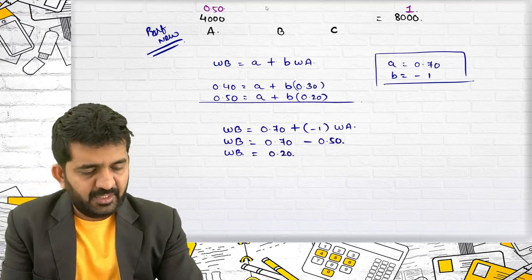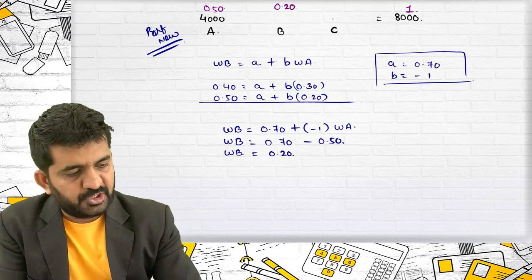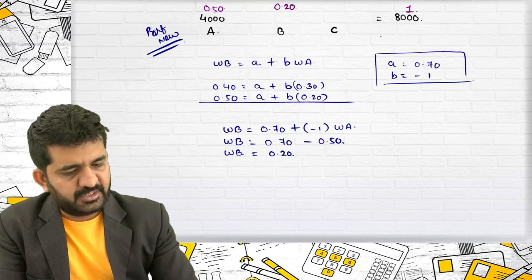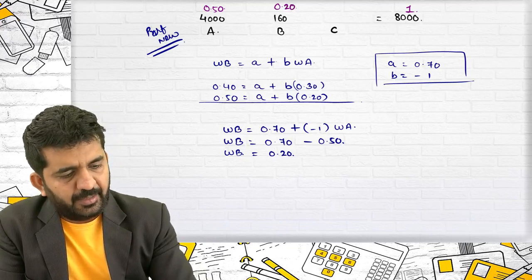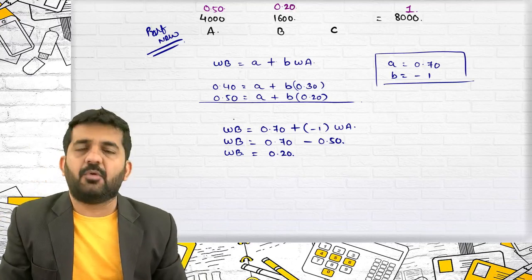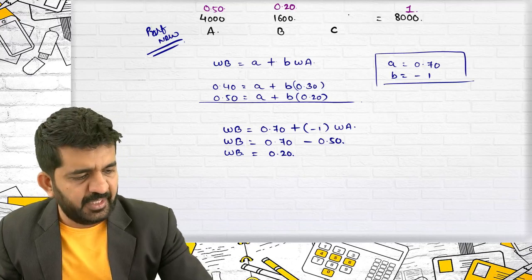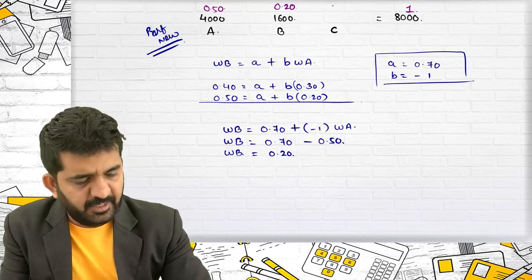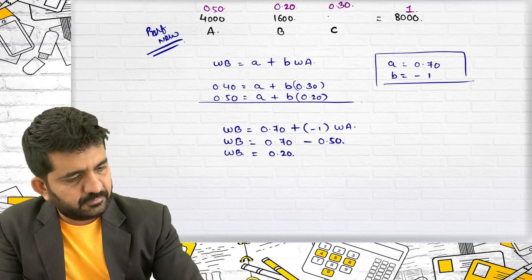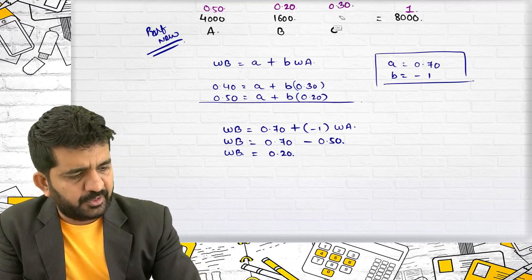So weight of B will be 0.20, that is 20% of 8,000, which is 1,600. So the amount invested will be 1,600. I need not find out weight of C by all these formulas, because the balancing figure will be the weight of C. Weight of C will be 0.30 and it will be 2,400.